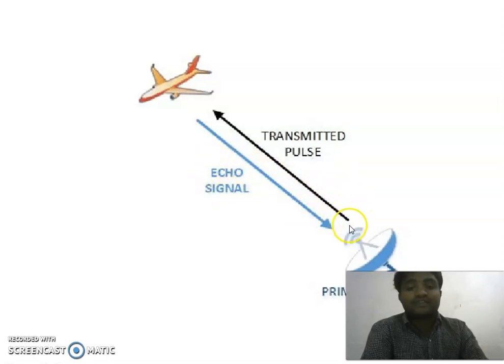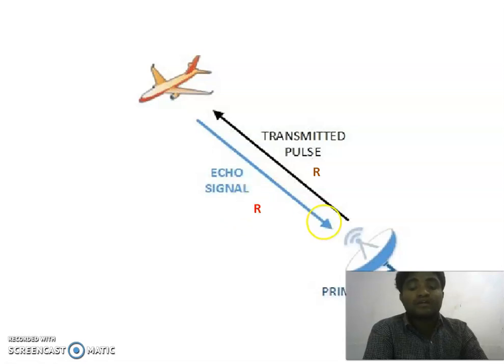The distance between the radar and the target is R, and the distance between the target and the radar is also R, so the total distance traveled by the signal is R plus R, which is 2R.